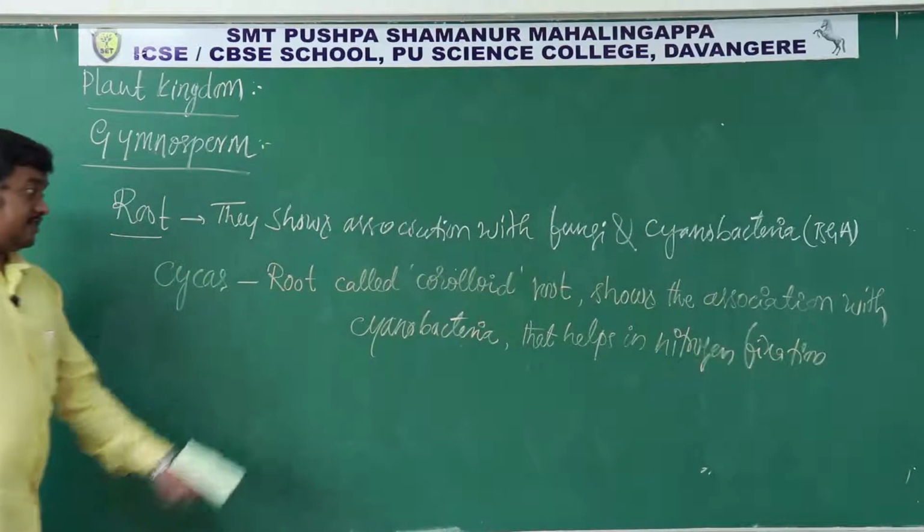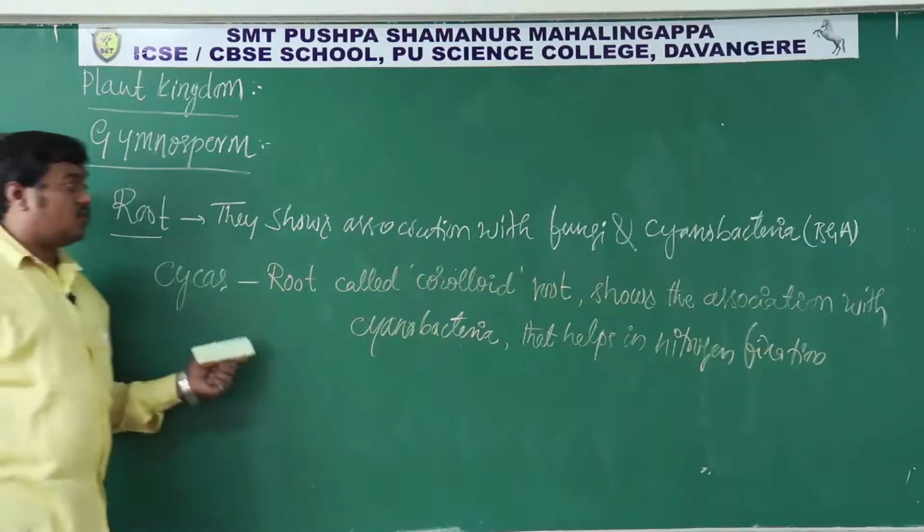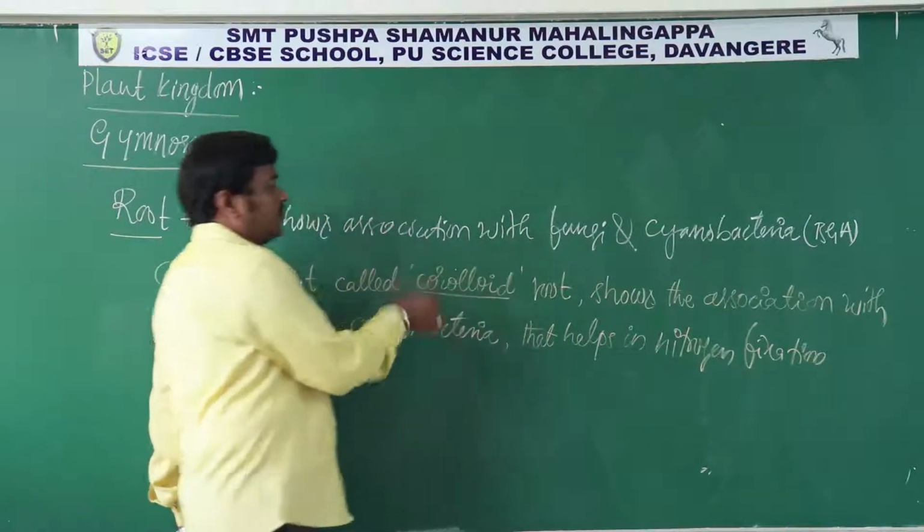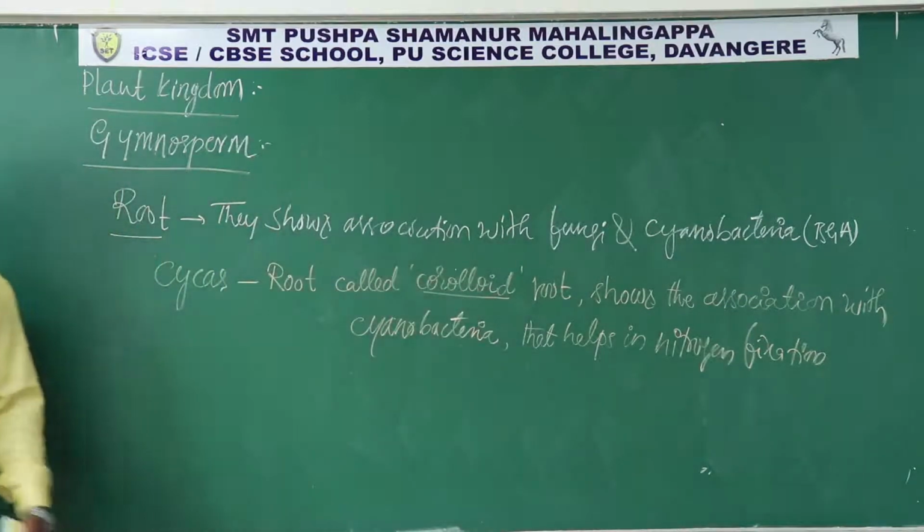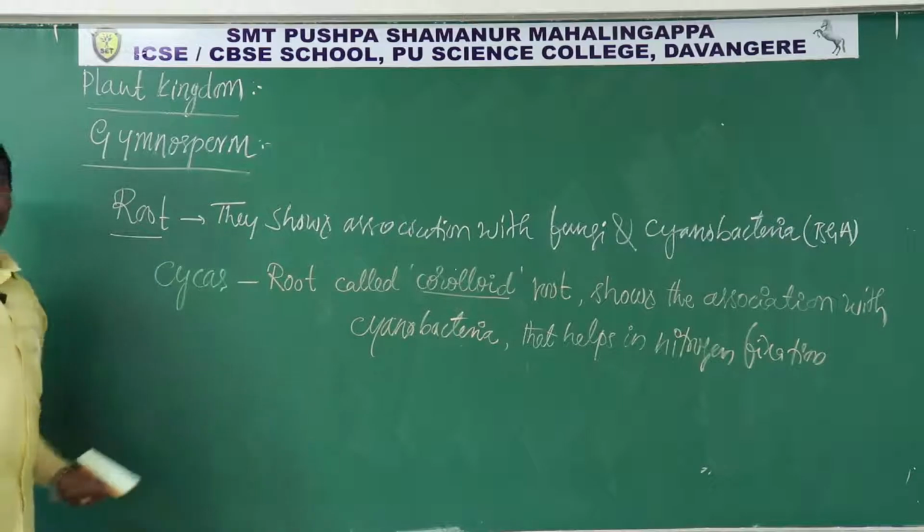So remember this, a cycas root is called coralloid root. That coralloid root shows the association with the cyanobacteria that helps in nitrogen fixation.